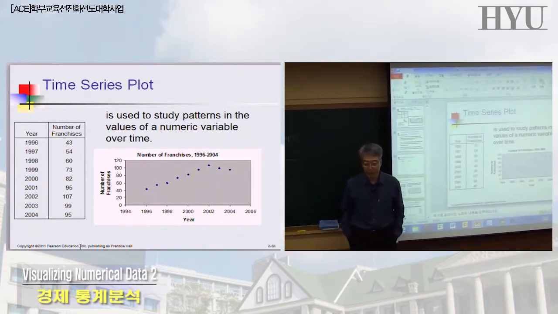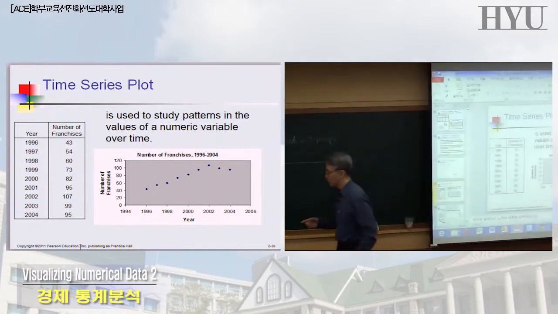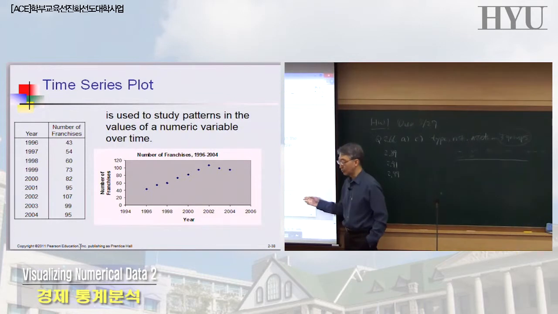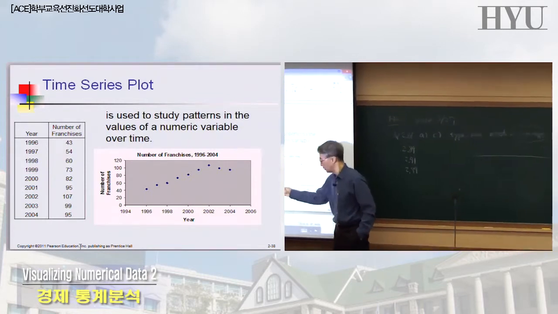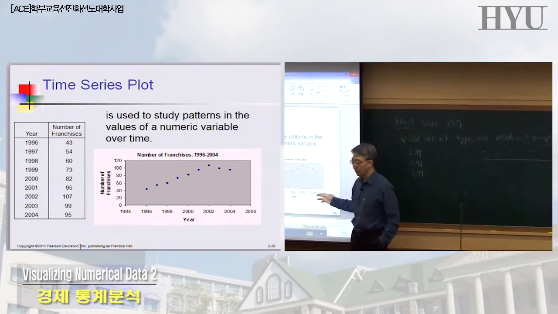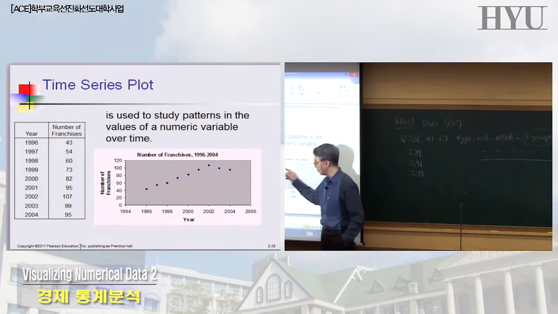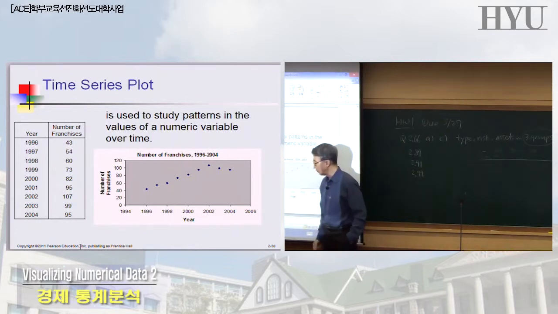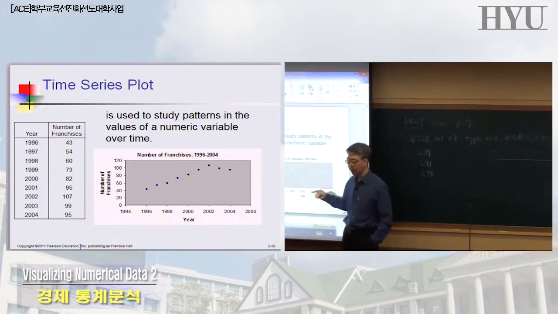It could be years like this, or hours or minutes or whatever you like. So on the horizontal axis, we put time, and then we try to see what happens to your variable of interest over time.